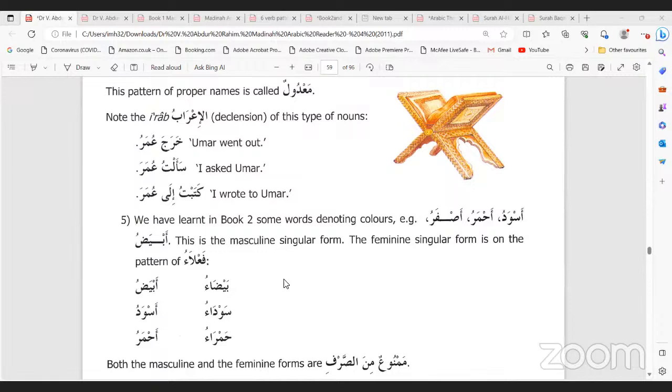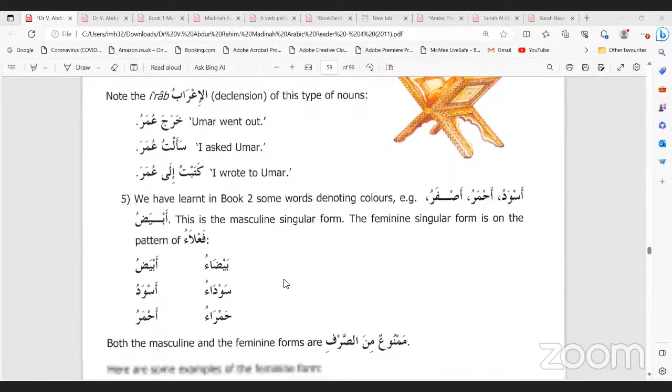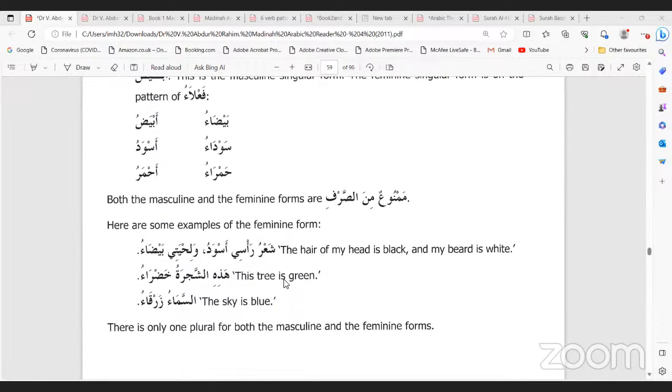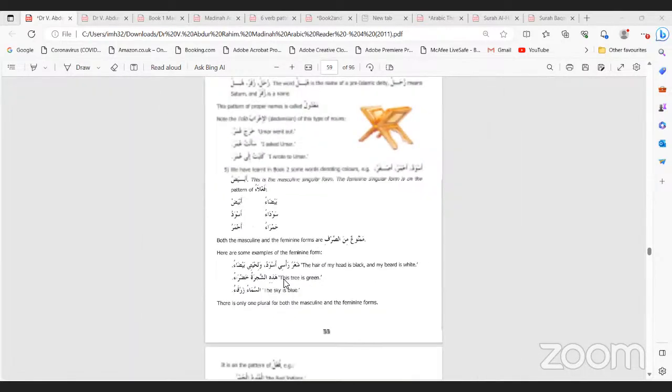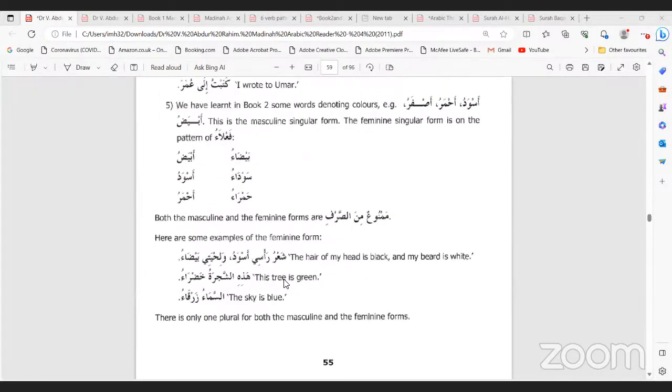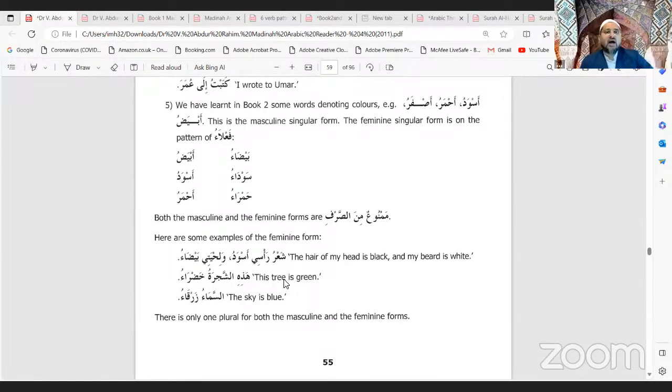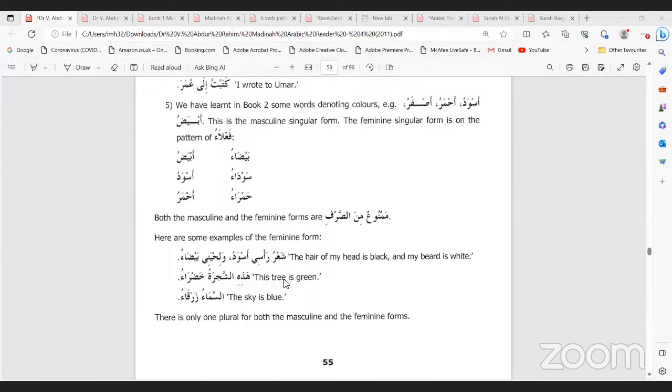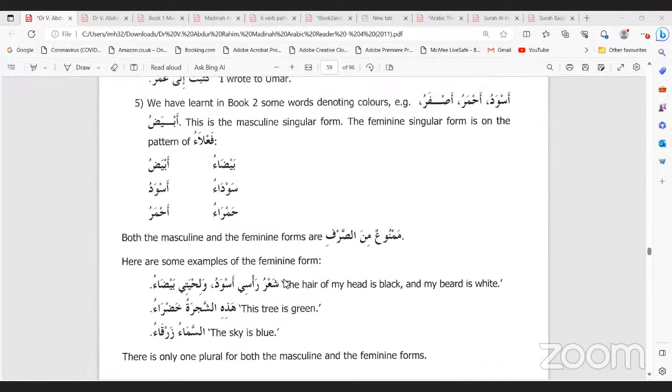We have learned in this book some words denoting colors. Example: asfaro, yellow; amaro; asudo; abazo. This is the masculine singular form. The feminine singular form is on the pattern of fa'la'u.